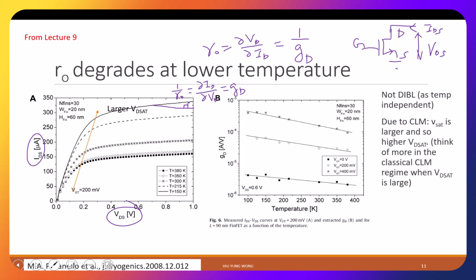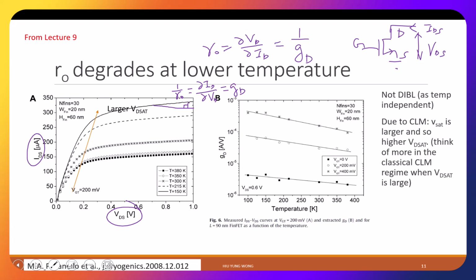Of course, you need to turn it on here. I assume it is a constant bias, and then you change the output voltage to see how the current changes. Each of these curves is biased at a certain gate voltage in ID-VD. You need to specify the gate voltage you are talking about, definitely.